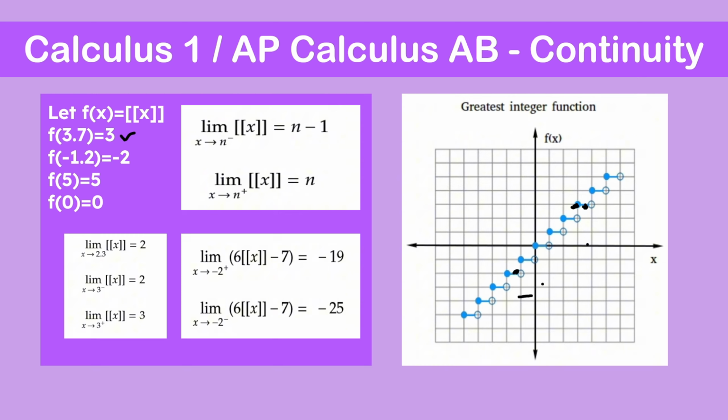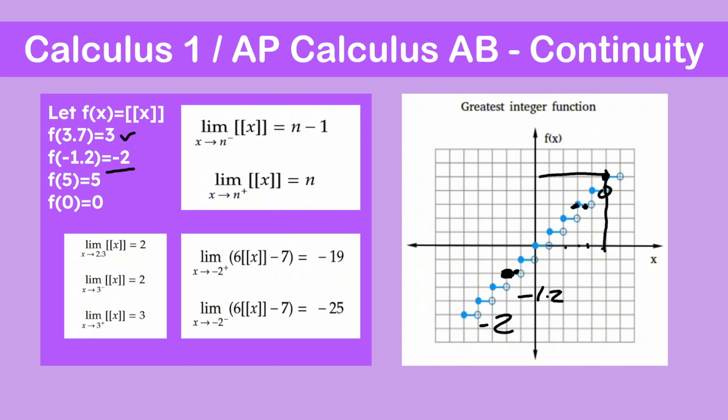Since it's negative 1.2, the greatest integer that's less than or equal to negative 1.2 is going to be negative 2, because you can't go higher up, which means you have to go down. So you have negative 2. And now let's find f of 5. So we have 1, 2, 3, 4, 5. f of 5 is just going to be itself, 5.